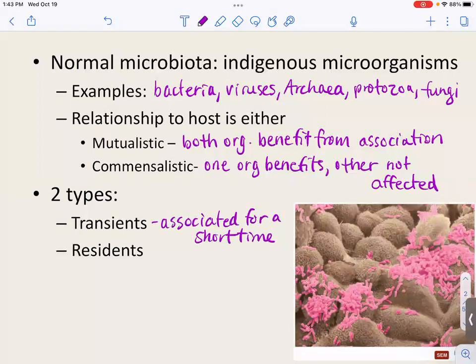Not enough to make you sick, but it could be enough that when you're around a baby you actually give the baby whooping cough. So something like that could be just transiently associated. Some of our microbiome, though, are considered residents. You acquire them soon after birth, and then you have those organisms for life.